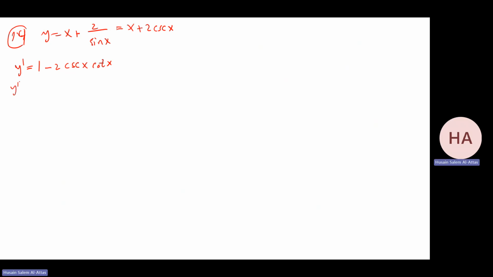So y double prime, this is 0, will be what? Will be minus 2. Okay. Now, product rule, the derivative of cosecant is minus cosecant cotangent. I took the minus 2 out, so I'm dealing with this, which is plus cosecant cotangent times cotangent minus cosecant squared. That's it.